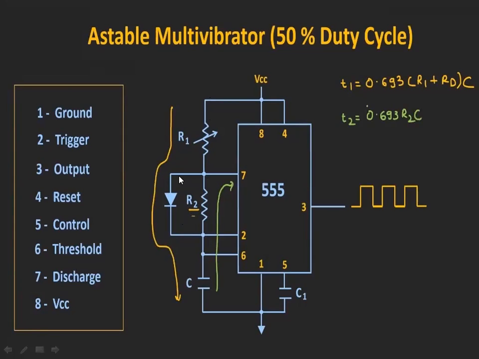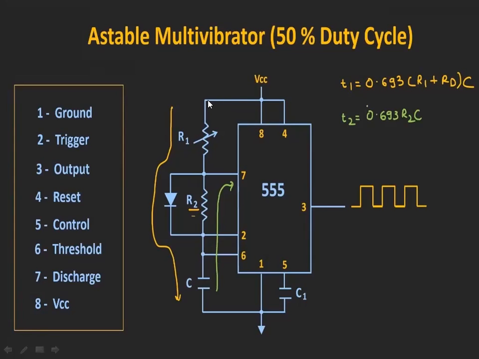If we consider the diode as an ideal diode, then the diode is having zero resistance. If it is a practical diode, it will be around a few hundred ohms only, so it is a very small resistance. So we can acquire a 50% duty cycle.